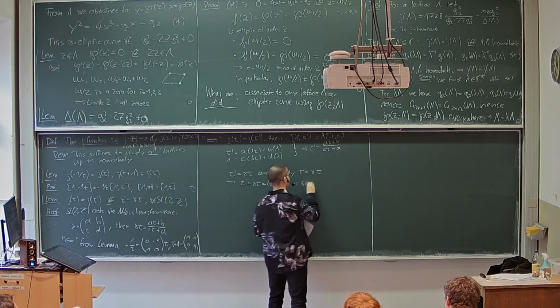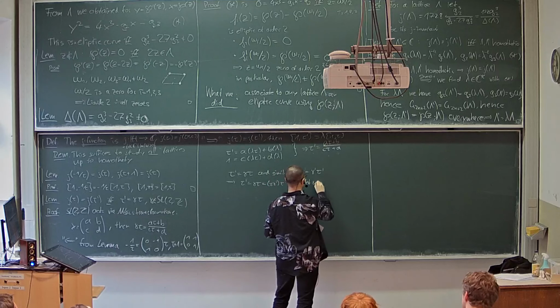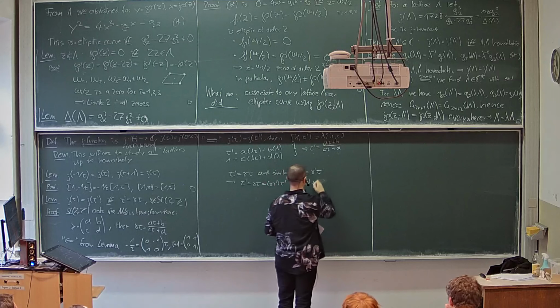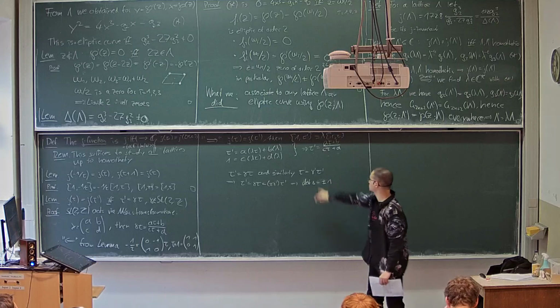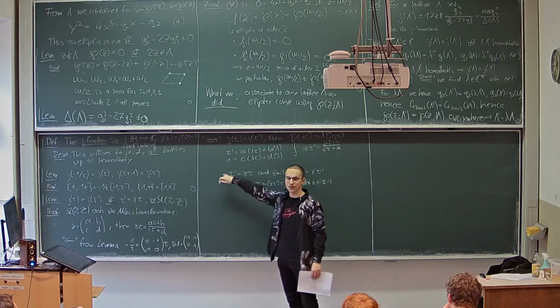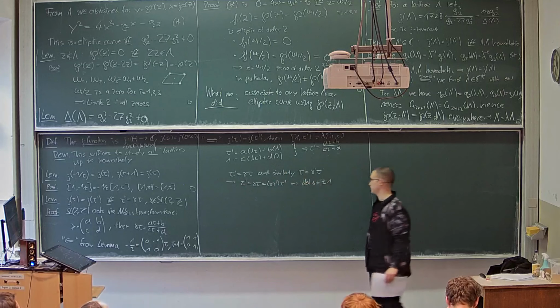Hence, the determinant of gamma is plus minus 1. And now, because both of them are on the upper half plane, the determinant has to be actually 1, because otherwise we would switch around.